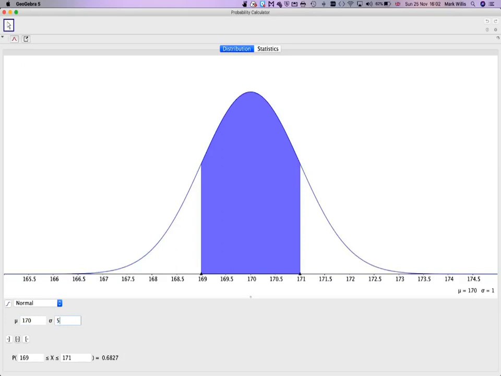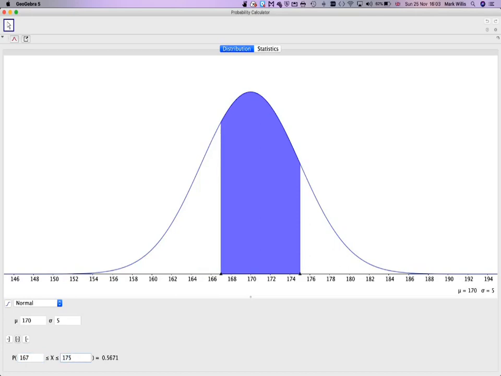And this is probably what you would do in the first instance. So this is 170 mean, sigma 5, and the probability of x being between 167 and 174, we get the same answer, 0.514.